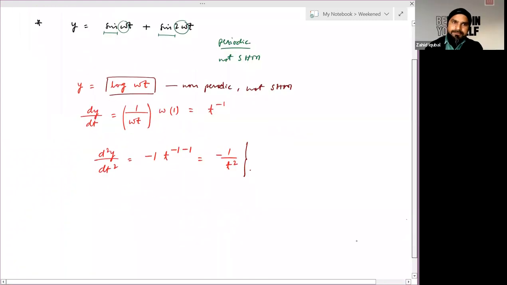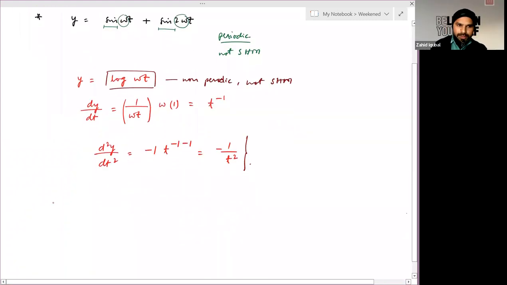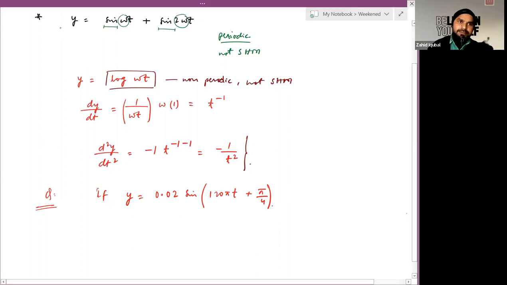Next question will be, you'll be given an equation related to SHM, like y equals 0.02 sine of 120 pi t plus pi by 4. And you'll be asked different terms related to this.